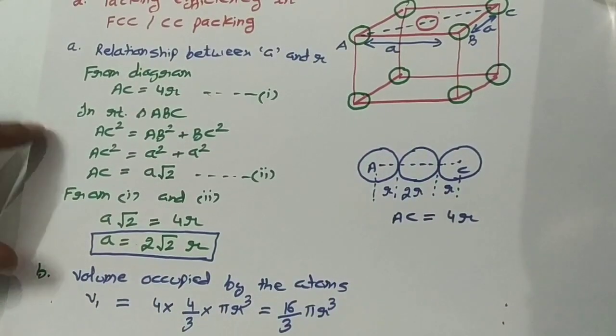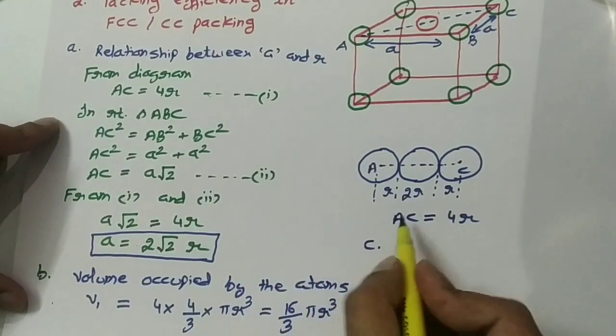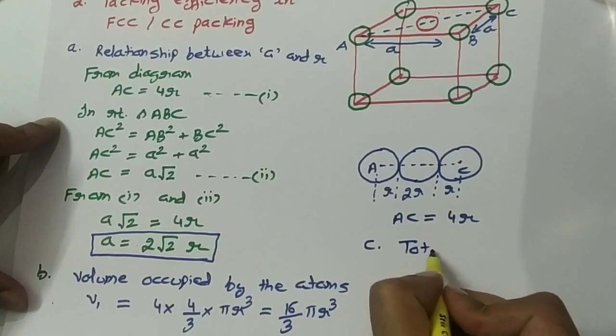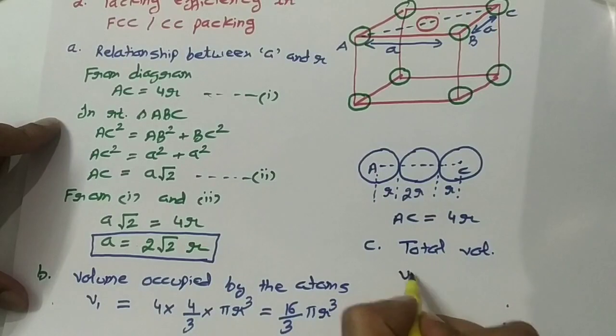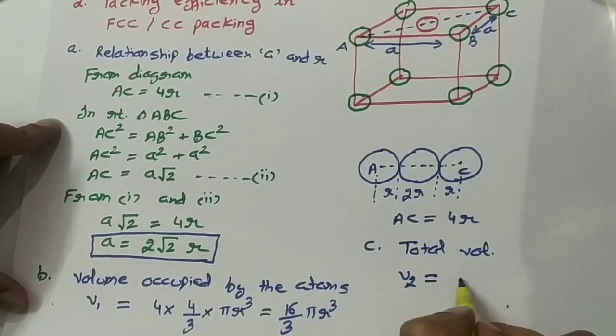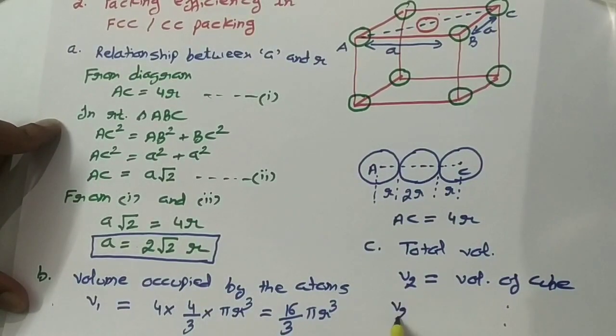Then C is volume available or total volume. Total volume is V2 and V2 is the volume of cube. V2 is equal to a cube.